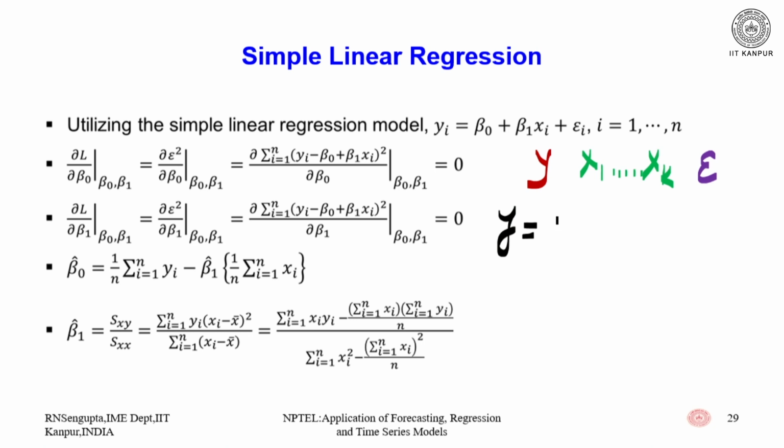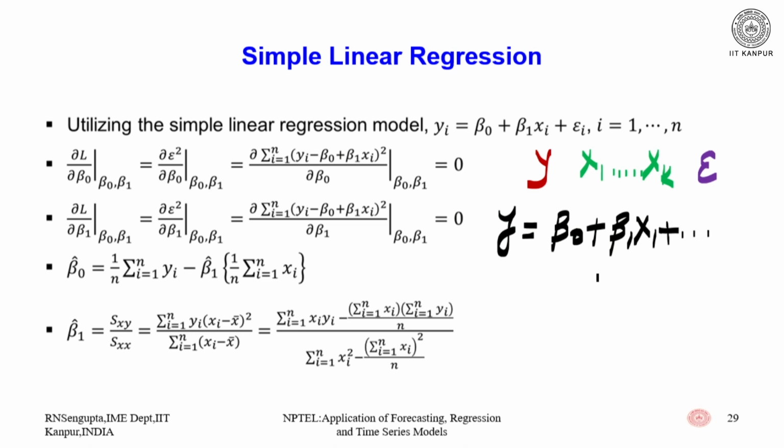For the multiple linear regression case, you will have a constant term beta naught, which you will understand, plus the parameter beta 1 into x1, where beta 1 gives you the rate of change of y with respect to x1, given x2 to xk are constant, which I mentioned in the last class.